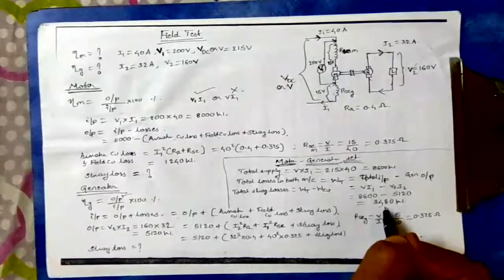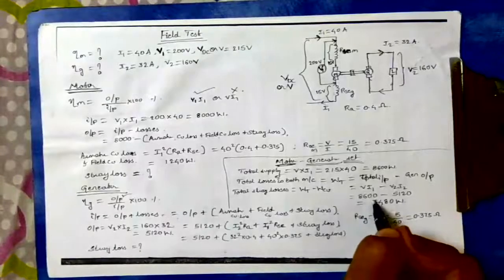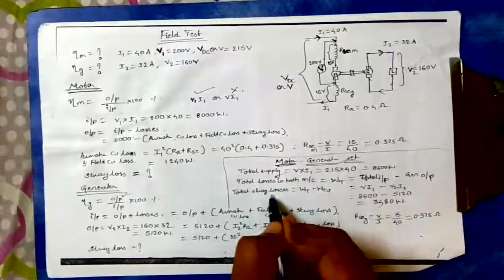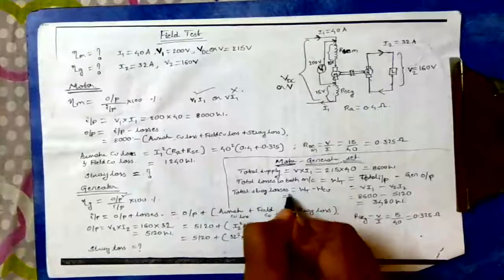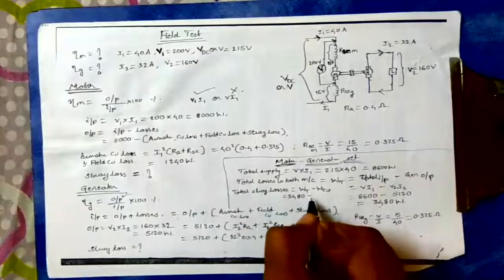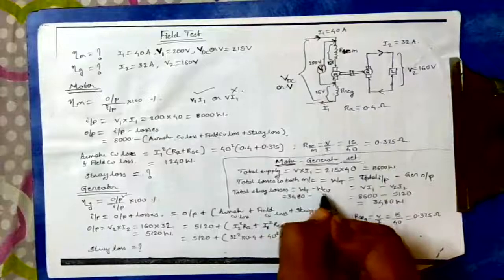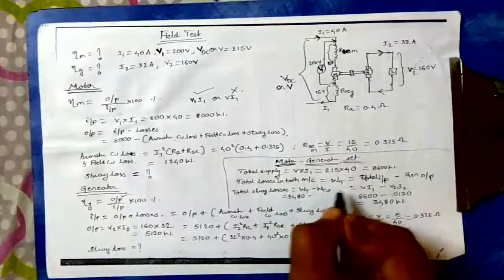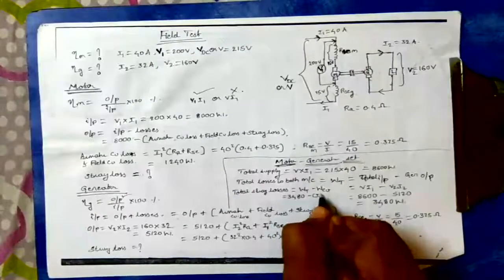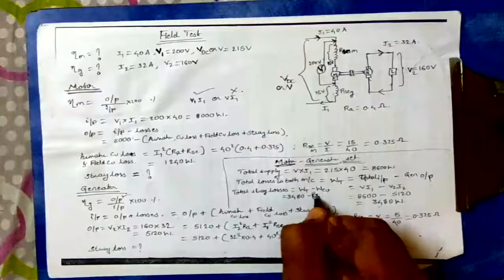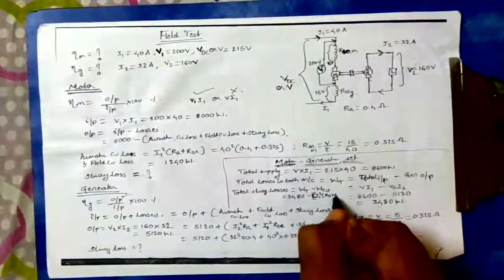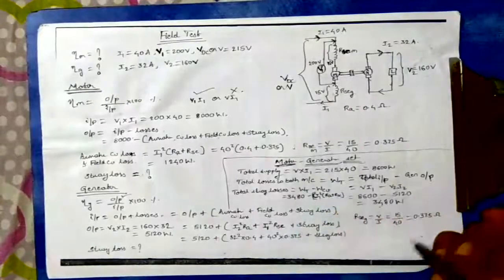If I eliminate the copper loss out of this, I get the total stray losses. WT we already calculated as 3480, and WCU is the total copper loss of both machines. First we start with the motor. Total copper loss is I1 square into the bracket RA plus RSC, right?